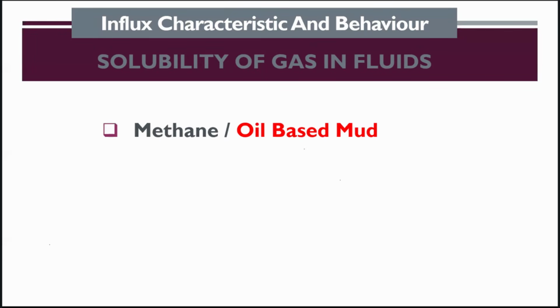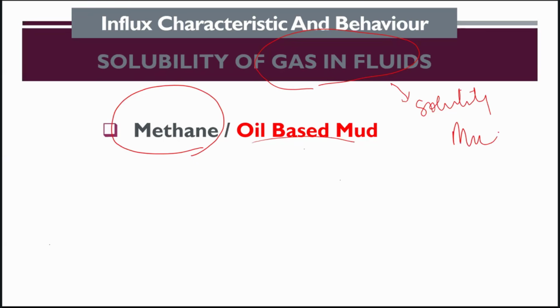So what happens? These gases are soluble in our drilling fluid. Okay, it has solubility in our drilling fluids. So if methane gas is there and you are using oil-based mud... our drilling mud is of two types. It can be water-based, depending upon your drilling program, and it can be oil-based. So if it is water-based, good.